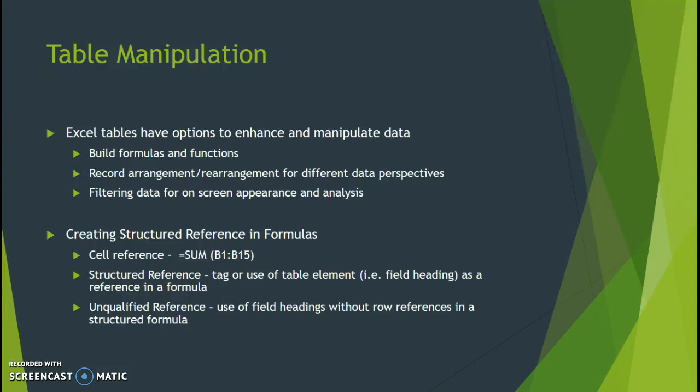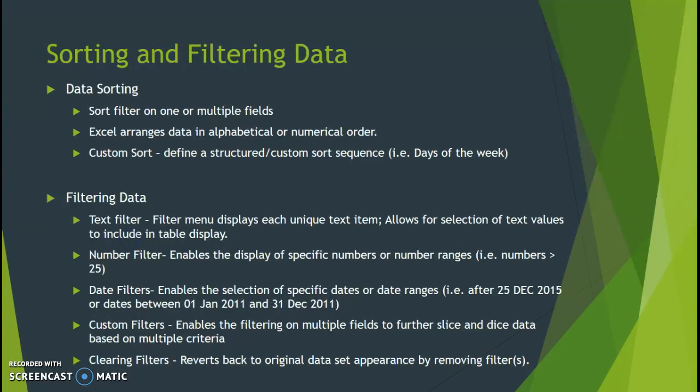And there are two types of references in dealing with Excel tables. One is the structured reference, which is a tag or the use of a table element such as a field heading as a reference in a formula. And then the second is an unqualified reference, and that's the use of a field heading without a row reference in a structured formula. So we'll take a look at how we create formulas and deal with referencing tags or elements within a table.